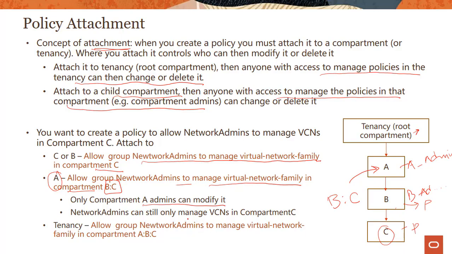And network admins can still only manage networks in compartment C, because your policy says B colon C, so it's going all the way to compartment C. In the same example, if you want to keep things simpler and attach this policy in the root compartment, the tenancy, you will have to give the full path, so it's A colon B colon C. That way you have a complete path, and you could attach this policy right here in the root compartment.